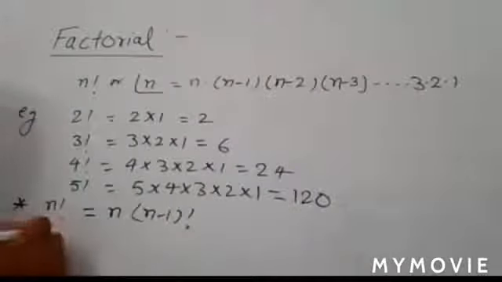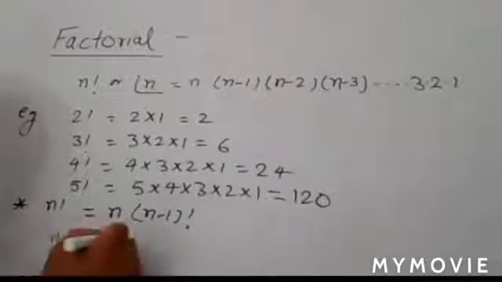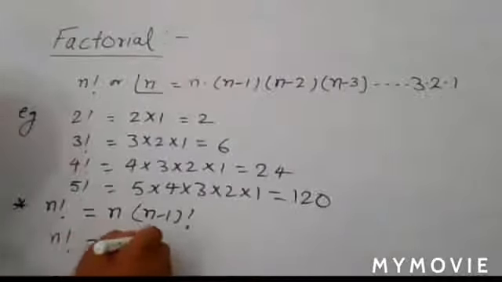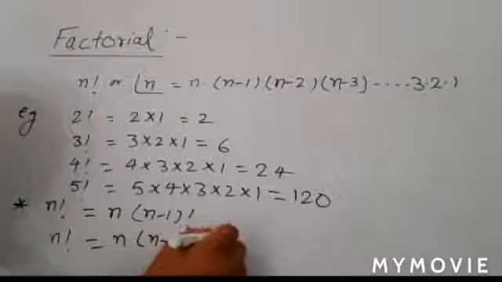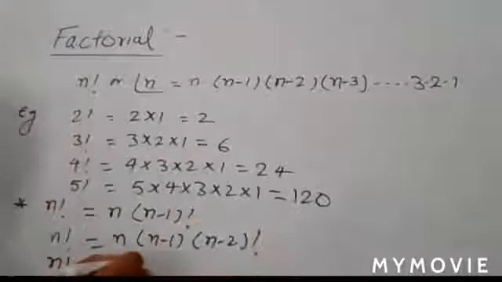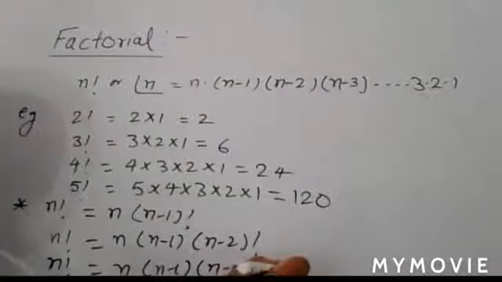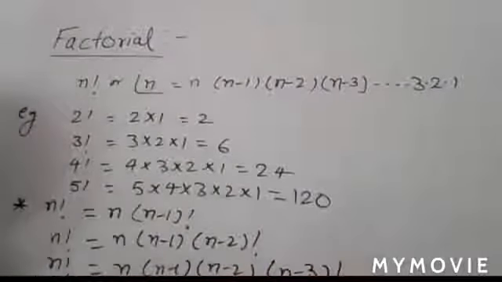In the same way, as per need, you can write it as n into n minus 1 into n minus 2 factorial. Also you can write n into n minus 1 into n minus 2 into n minus 3 factorial.